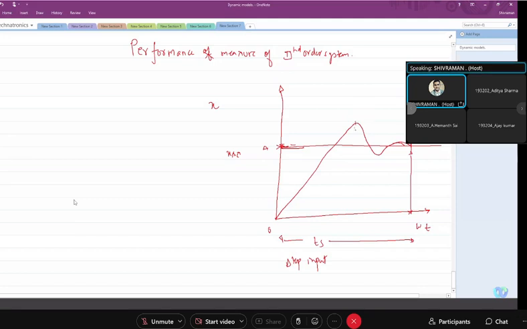Let's say the peak the system is achieving is at a time tp. And the system is reaching the steady state from its zero value at a time tr.